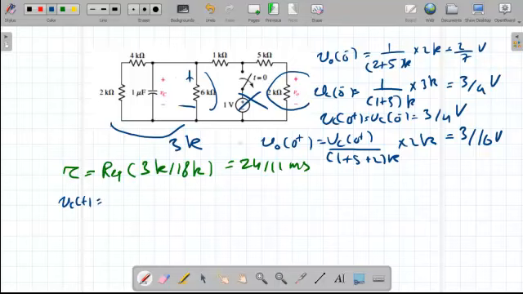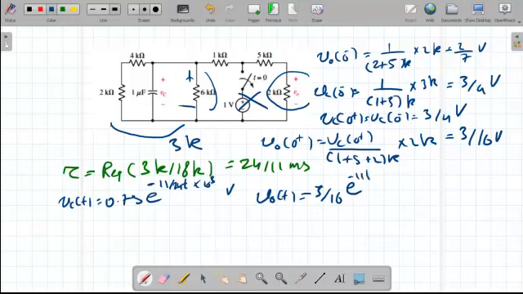So here we can find the substitution for VC of t and VO of t. VC of t, where VC at 0 plus is equal to 3 over 4, so it is equal to 0.75 e to the minus 11 over 24 t times 10 to the power 3 volt. VO of t will equal 3 over 16 times the exponential with t over 24 times 10 to the power 3 volt.